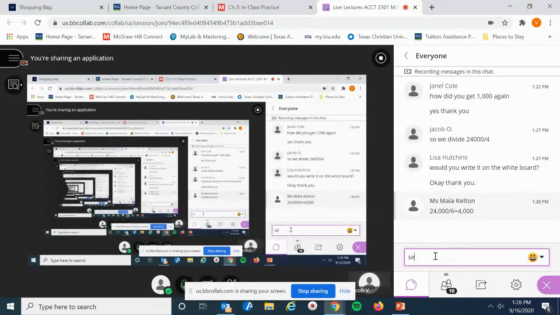So we have September, October, November, and December, which is 4 months, right? So now I'm going to take the 4 months and multiply it by the $4,000. At the end of December, the earned portion is 16,000.